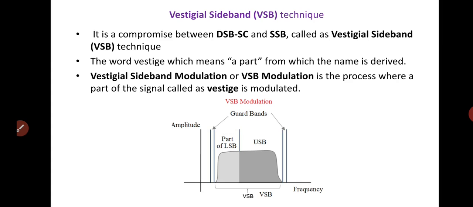The most important advantage of the VSB system is the bandwidth reduction. By transmitting only a part of the lower sideband, more TV channels can be accommodated in a frequency spectrum. So in the figure, it is shown that the VSB modulation has part of the lower sideband and the upper sideband. So this information is within the part of the LSB and USB.